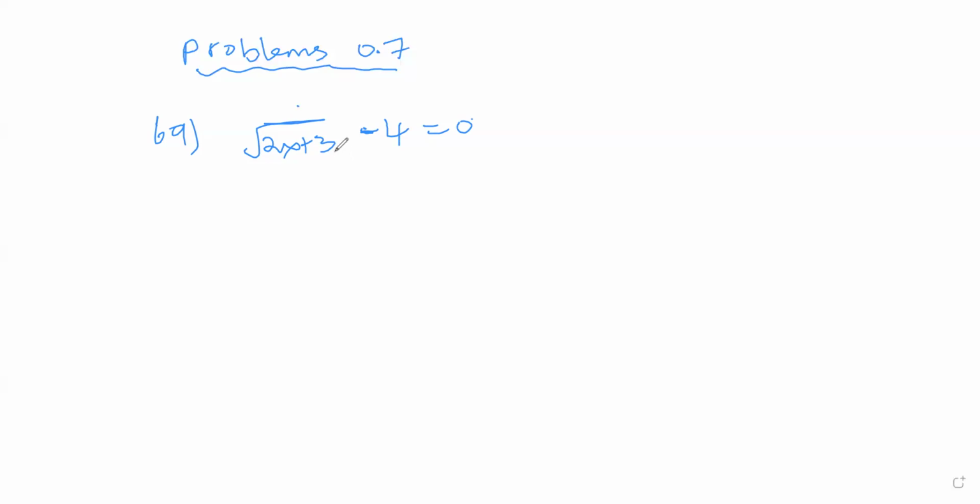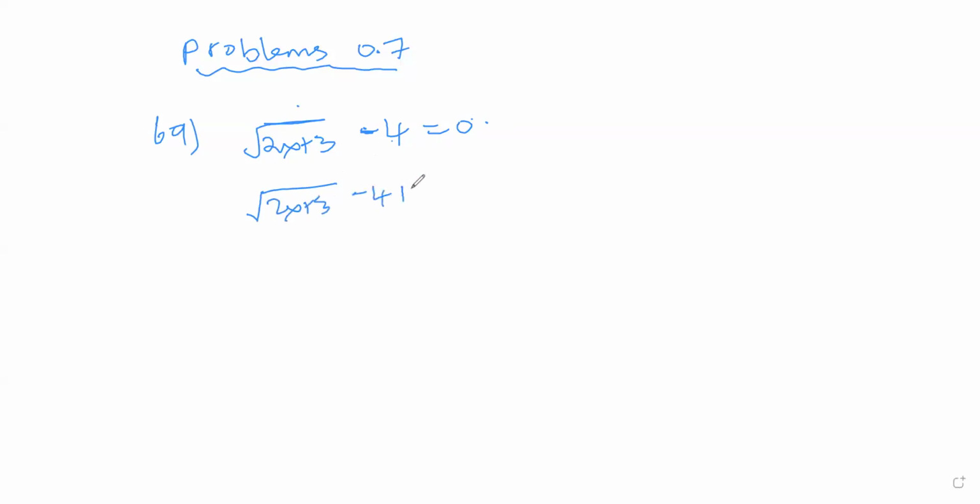So one of them should be on one side of the equation and the other on the other side before you raise both sides to the power of the index, to make it easier for you to eliminate the radical sign and solve the resultant linear equation. So isolating this radical, we move 4 to the other side by adding 4 on both sides.